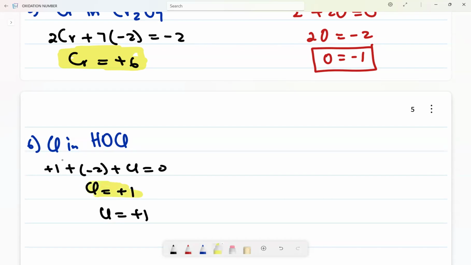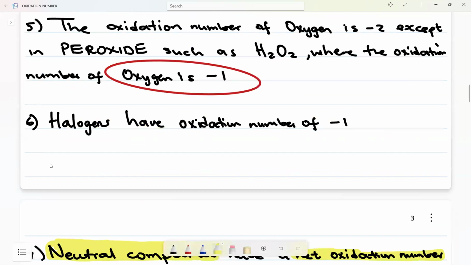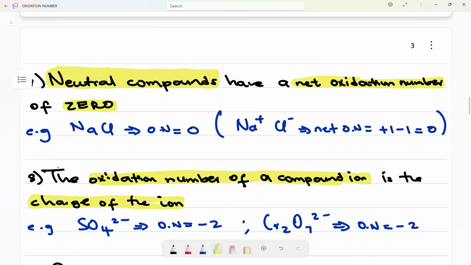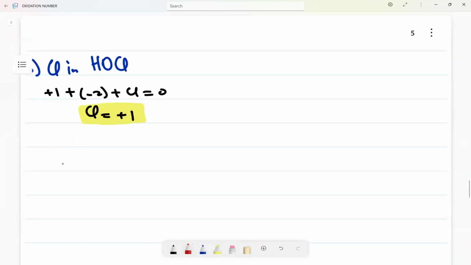But what did we say? We said all halogens are supposed to have negative. This is now in contrast to what we said. We said halogens have oxidation number of -1. So what causes this? Hydrogen is positive, yes, this is a cation. But these two are anions, so one of them needs to fight for its negativity.